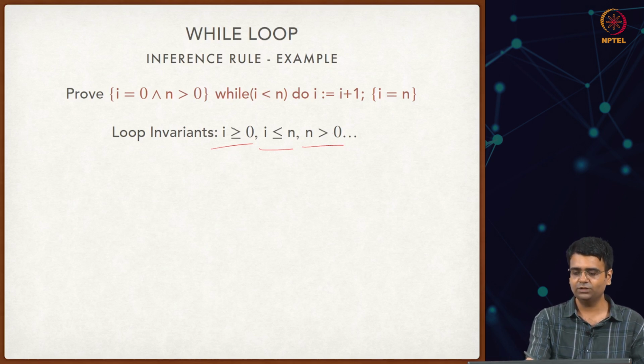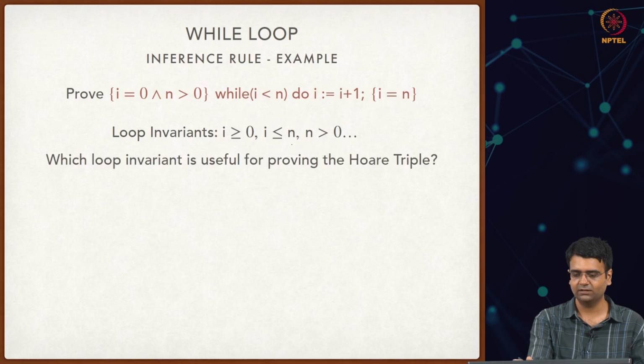But which loop invariant to use? If I use, for example, I is greater than or equal to 0 or n is greater than 0, I can use those, but I won't be able to show this particular postcondition. In order to show this postcondition, I will have to use this loop invariant, which is I is less than or equal to n. So we will take this capital I to be the loop invariant I is less than or equal to n.